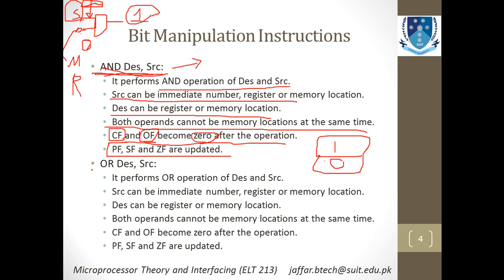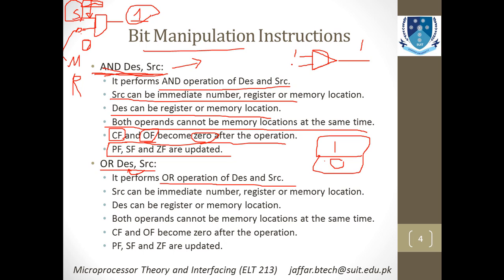Coming to another type of instruction used specifically for bit manipulation, the second type that you will be seeing in your coming classes is OR destination, source. You have to OR the source and destination. It performs the OR operation between the source and destination, and you know that in the OR operation, to get a single bit, let's say one, you can make either of them equal to one.